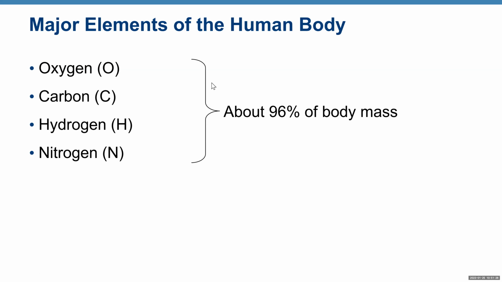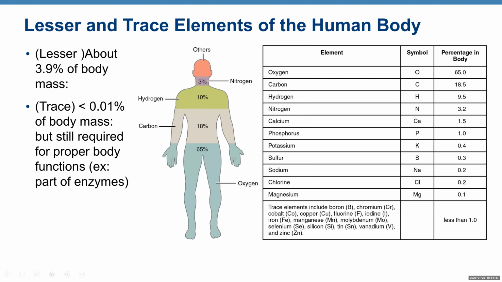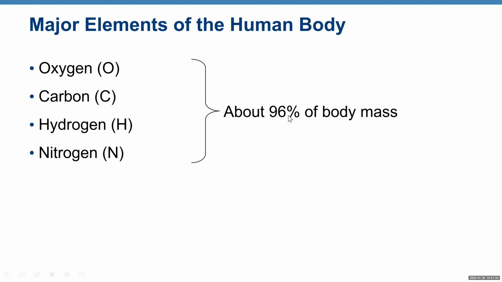So the major elements of the human body that make up about 96% of body mass are oxygen, carbon, hydrogen, and nitrogen. Lesser and trace elements of the human body take less than 5%.